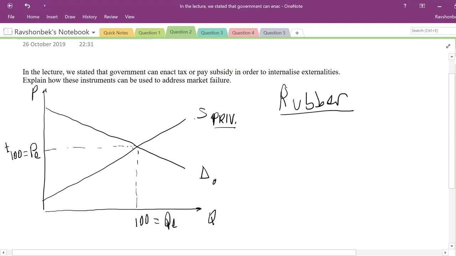So this is all reflected on this supply curve here. However, there is also something called external cost. Remember, from the first question, external cost.